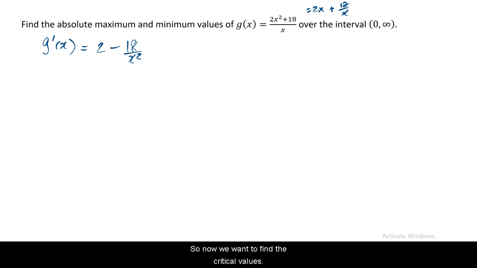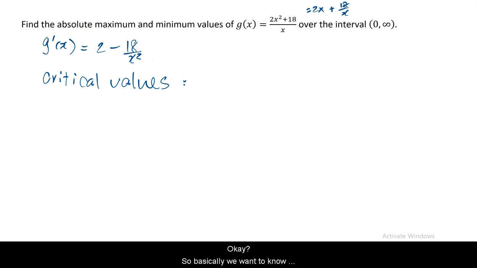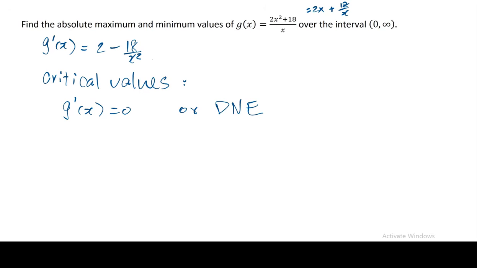So now we want to find the critical values. Okay, so basically we want to know when g prime of x is equal to 0 or does not exist. Well, don't forget, it's over the interval from 0 to infinity, right? Okay, so make g prime of x equal to 0.